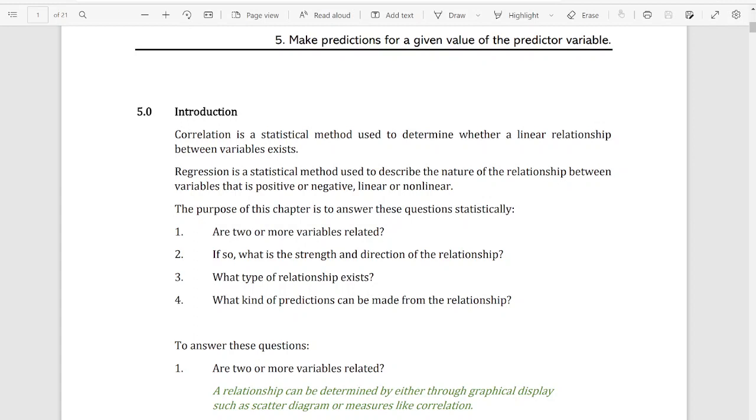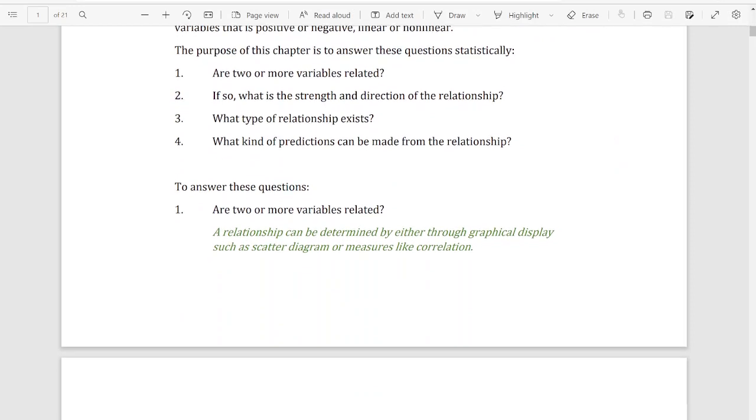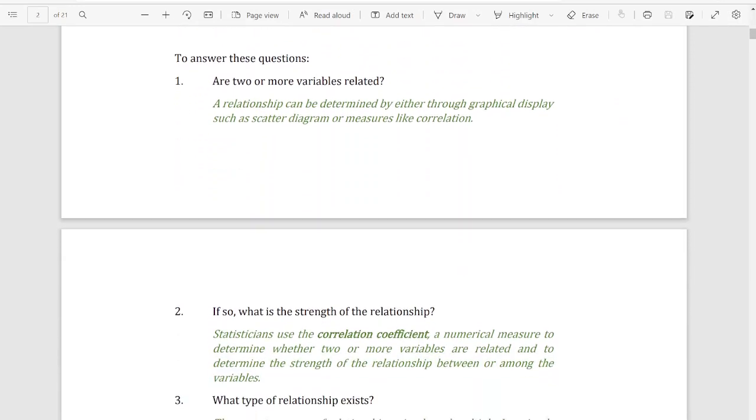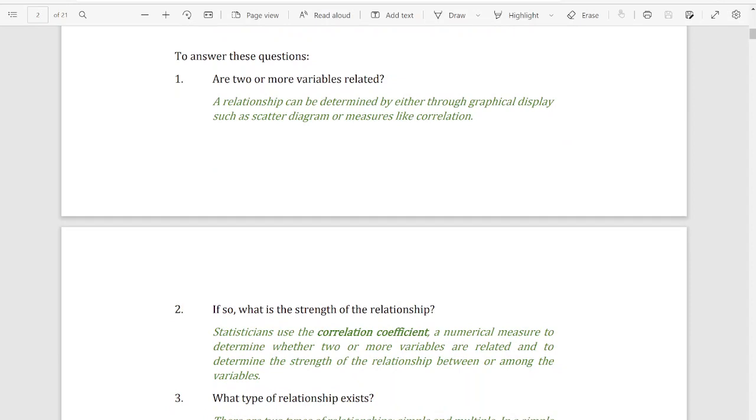So, to answer this question, macam mana kita nak jawab persoalan ni? Okay, how are we going to answer these questions? The first one it says here, are two or more variables related? Okay, adakah dua ataupun lebih variable related? So, the answer is that a relationship can be determined either through graphical display, such as scatter diagram, or measures like correlation.